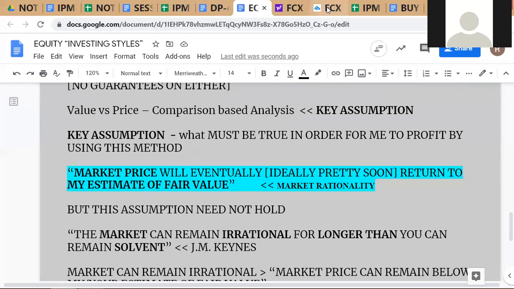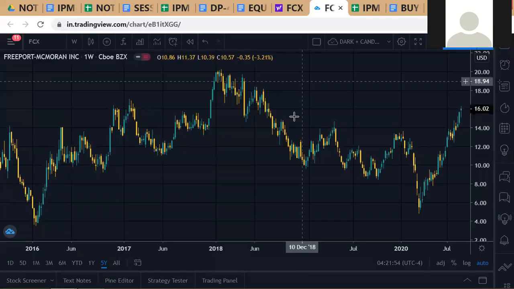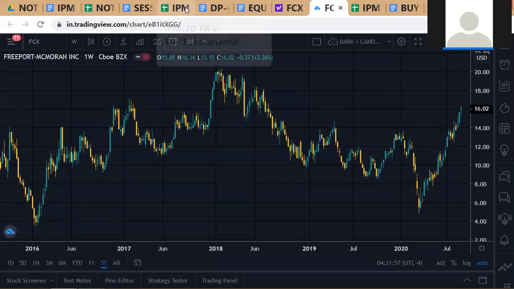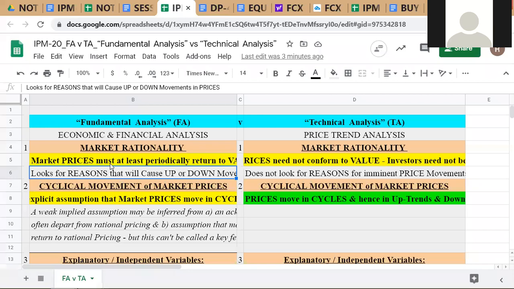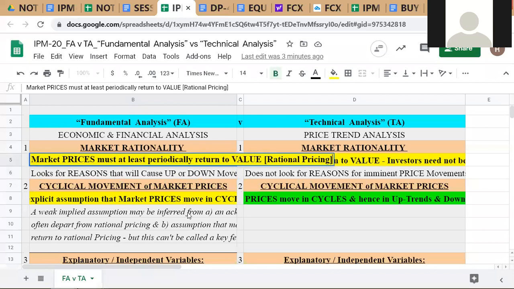Okay, so coming back here, we put this thing in color because it's very important. So market rationality. So when you're using FA, let's look at our table here. In FA, we assume that market prices are rational. We assume markets are rational. So essentially what that means is that market prices must at least periodically return to value.